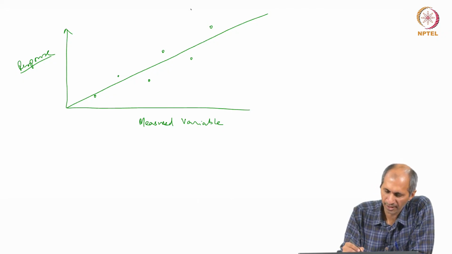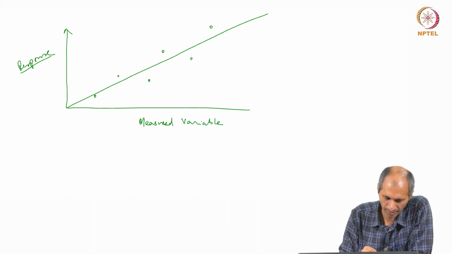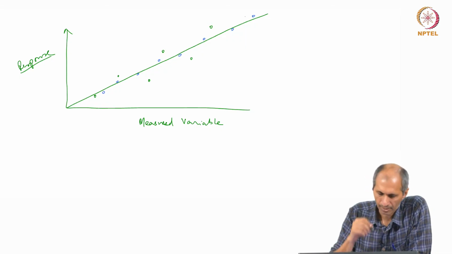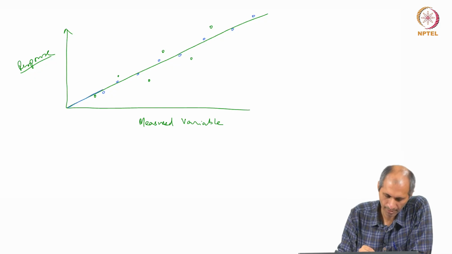Then I have another calibration where the fit looks different, so here again I draw another line through this.